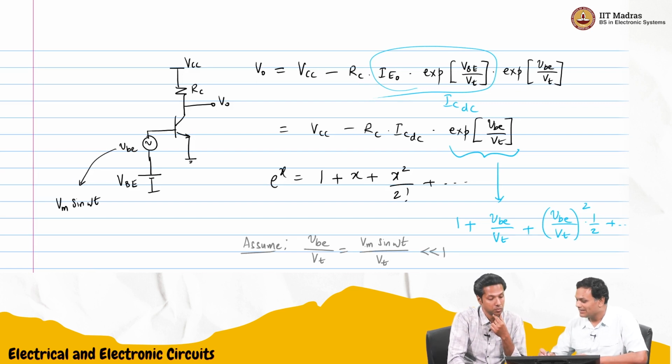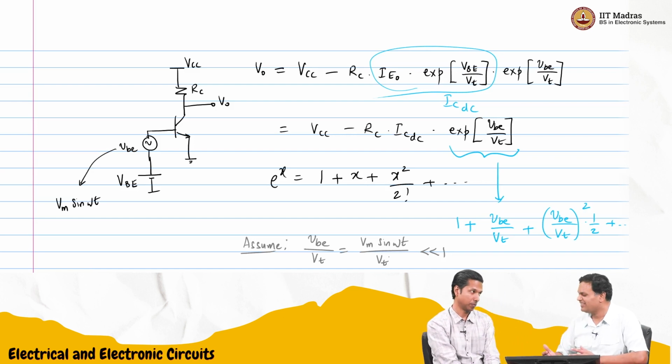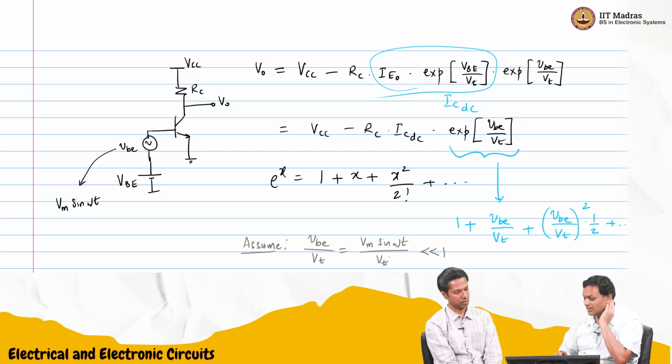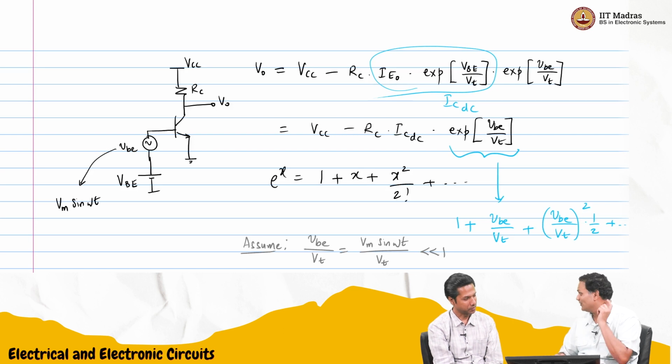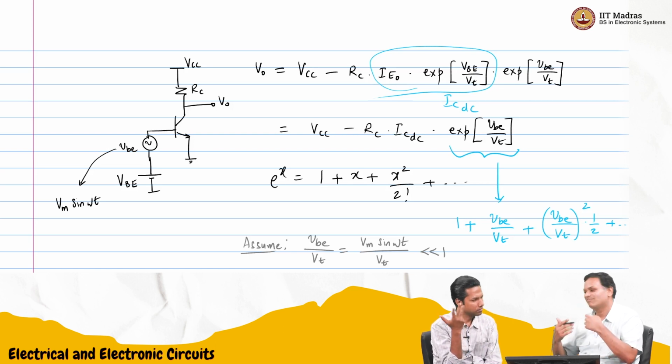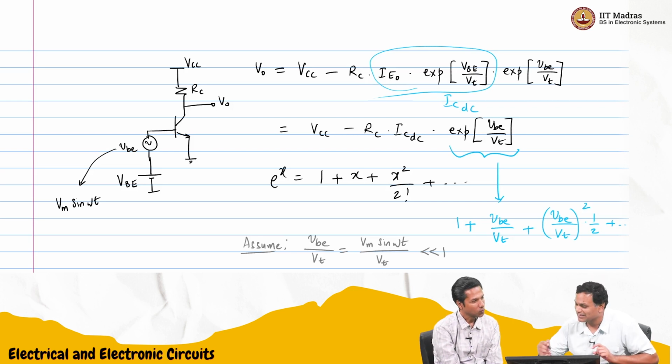Basically the amplitude of the sinusoid is much smaller than VT. VT is kT by q, some 26 millivolts at room temperature, 25.9 millivolts. Which means this capital Vm is much smaller than that, a couple of millivolts or smaller. That means the square terms don't matter, we can neglect them.